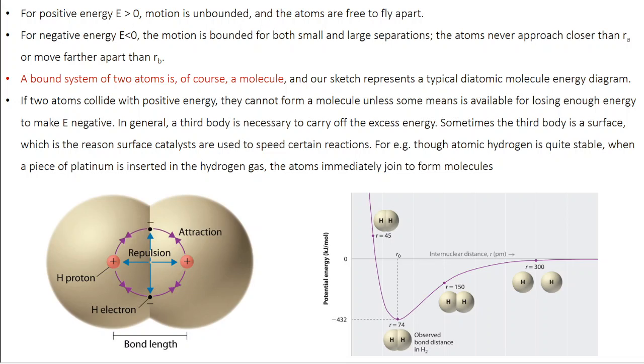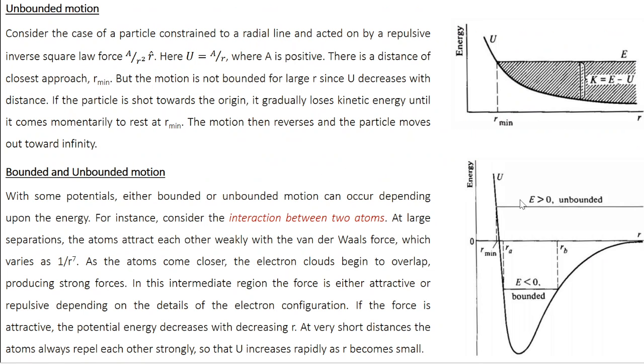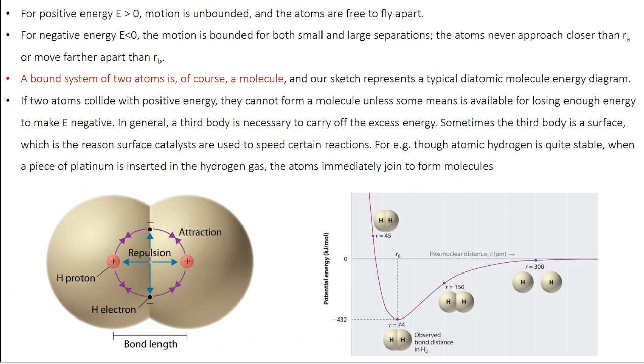So previously, two atoms were in a state E greater than 0, very high energy. Now they lose some energy, which means they are in a state E less than 0. So this is the bounded state. In other words, they form a tightly bound molecular system, a hydrogen molecule.